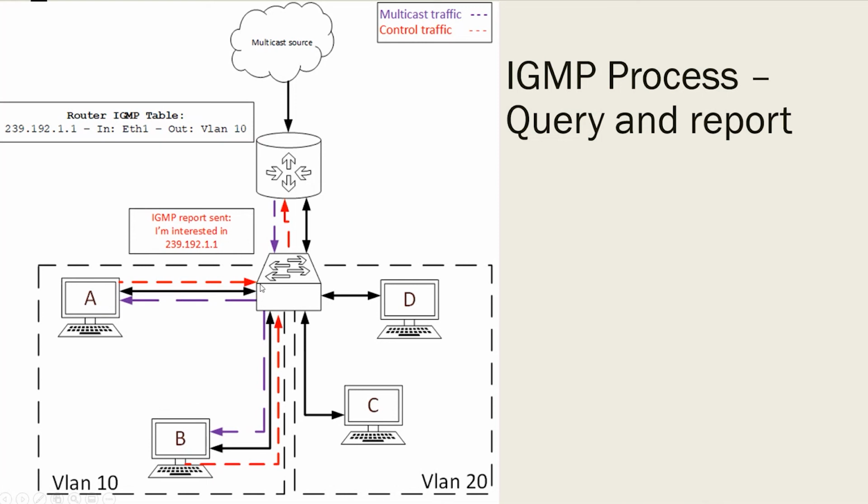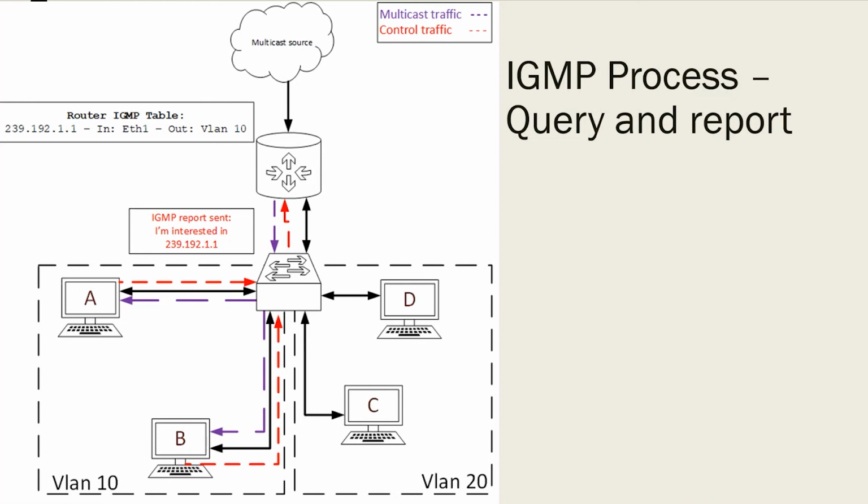Actually, in theory, what's going to happen is when these end devices see this query message, they're going to set a random timer, which makes sure that either one of them will send a response at some point, but not immediately. The concept here, at least in V1 and V2, is to make sure that you don't have a flood of IGMP report messages from all of the devices on the network.